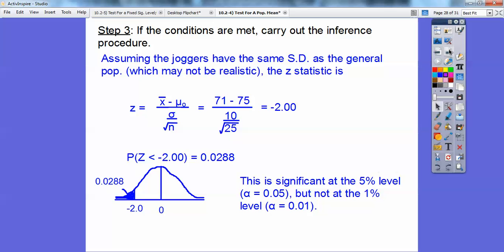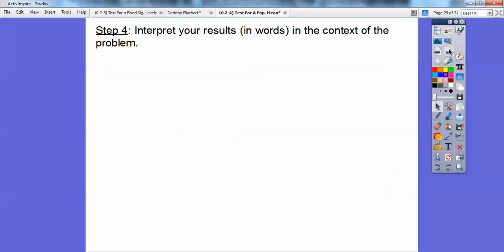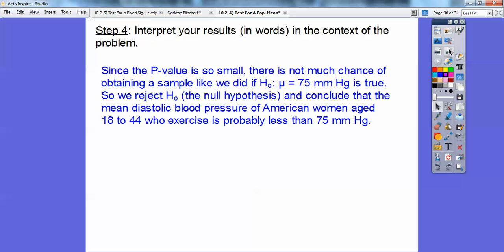So this is significant at the 5% level because it's less than 5%, but it's not significant at the 1% level. Okay, so step 4, interpret your results in words and in context of the problem. Here we go. Since the p-value is so small, there is not much of a chance of obtaining a sample like we did if your null hypothesis, equal to 75, is true.